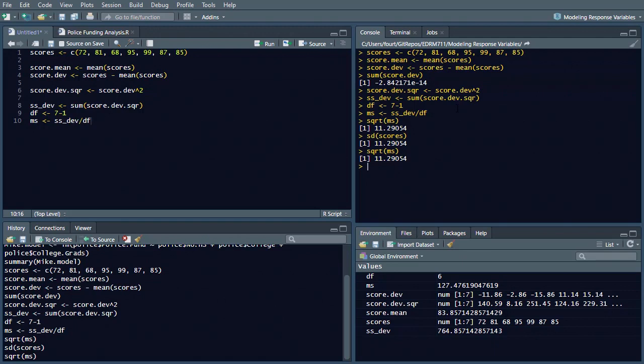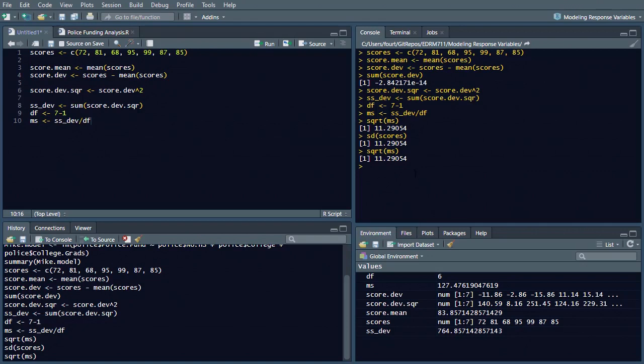So that's the key. Mean square is sum of squares divided by degrees of freedom. Okay? All right, now this is all leading up to something, of course.